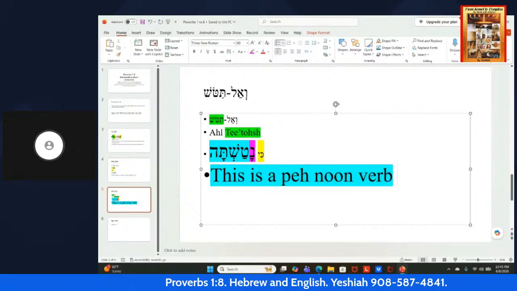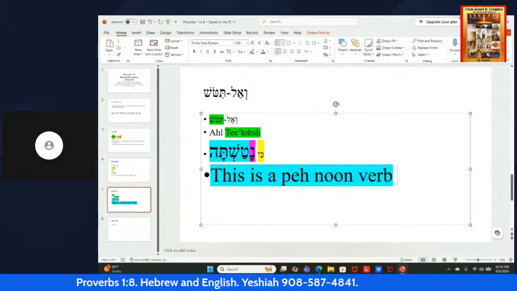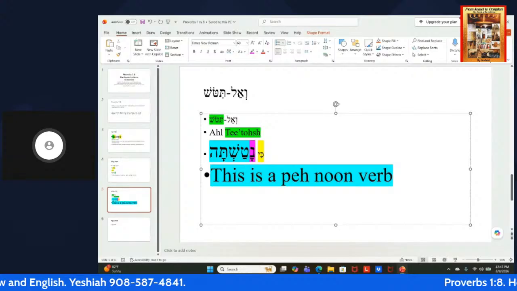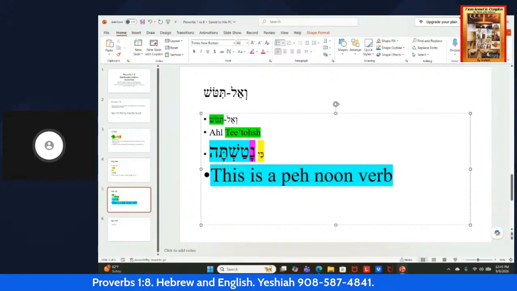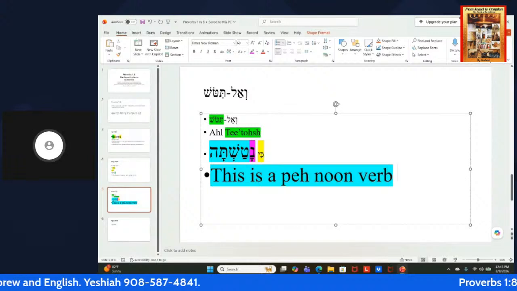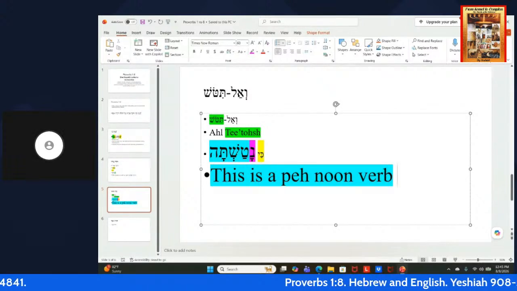And part of its, quote, irregularity, what happens in that particular matter is that when conjugated inside of the future tense, the noon drops out. That's why in the word titosh, the future tense of natash, inside of the second person masculine. What do we mean, second person masculine? You, whatever that verb is.